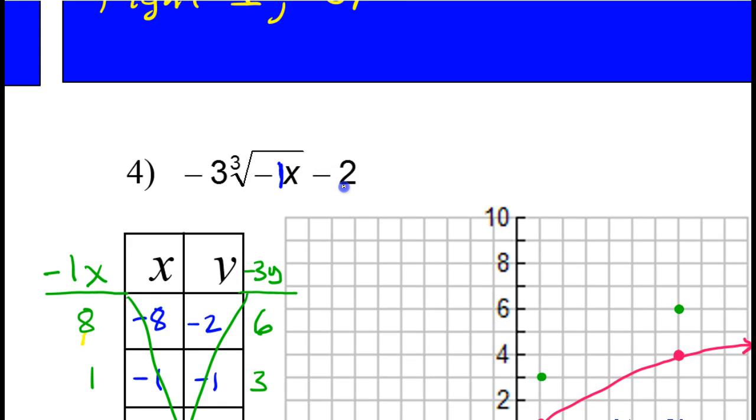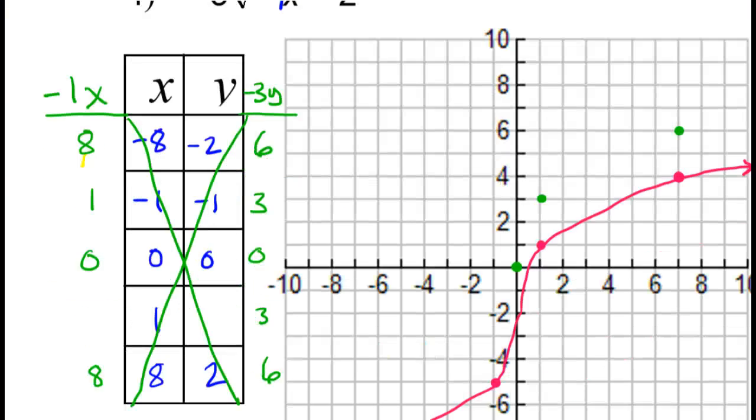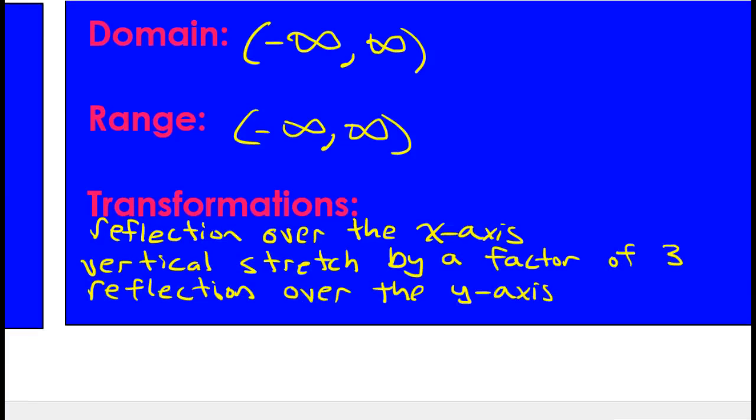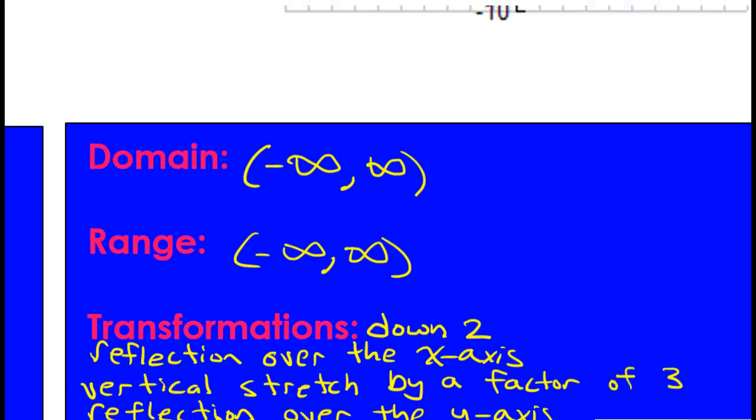Okay, and finally the negative 2 on the end is a shift down 2. All right, and I'll just put it right here actually. Okay, so that's 4 transformations. And that is it for problem number 4.